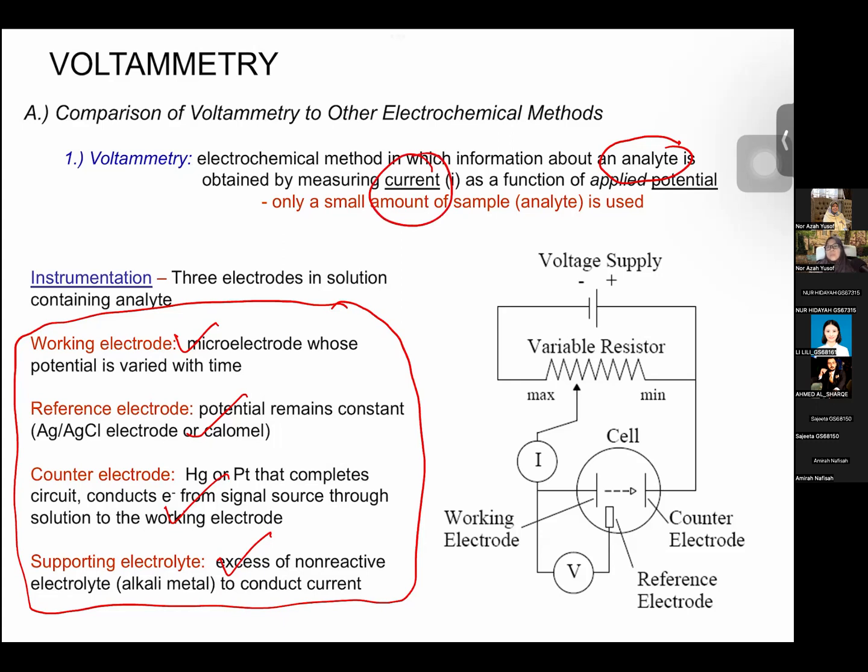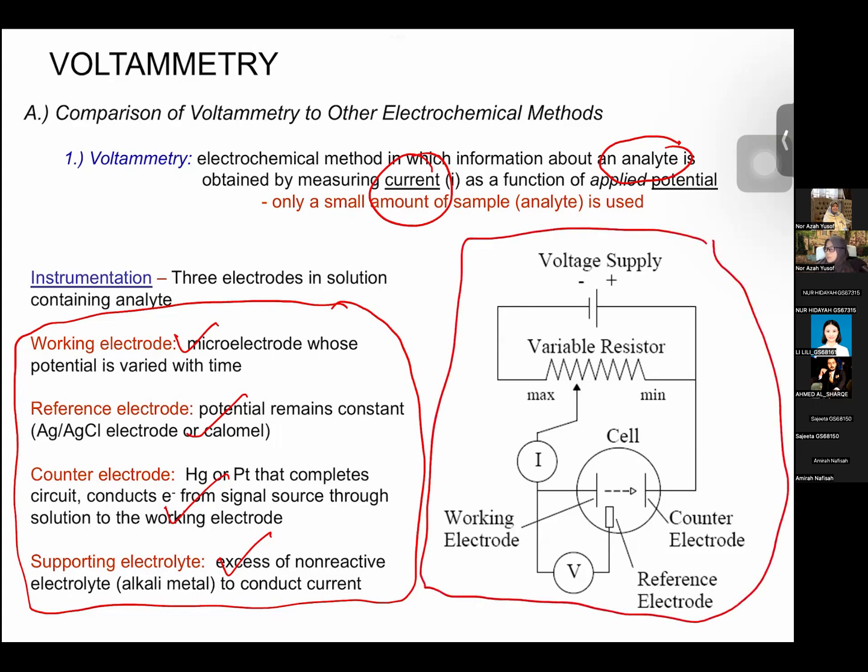Okay, so in general, if you look at the structure here, this is the whole set. In voltammetry, I don't know whether you will be doing any voltammetry work in your lab. The previous batch I did bring everybody and show them the potentiostat and so on, but I'm not sure about your batch, because I'm no longer the coordinator.